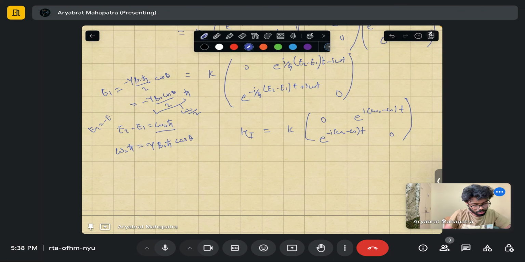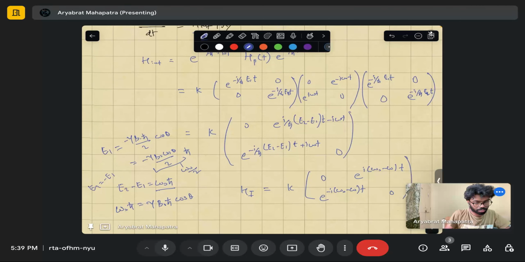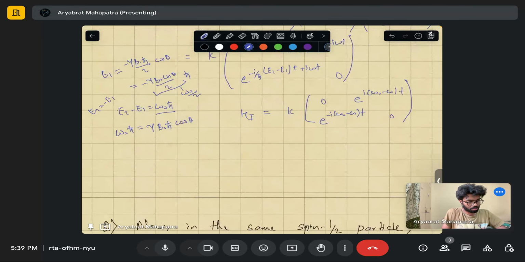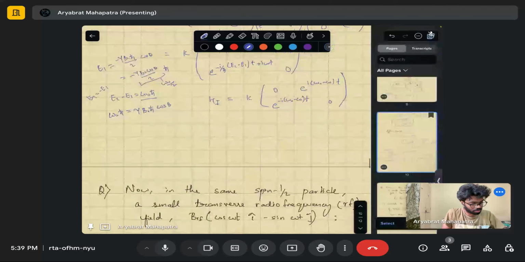This is just notation, I'm keeping it general, so don't get confused with it.